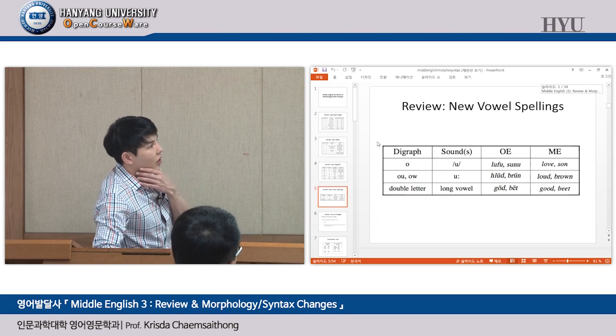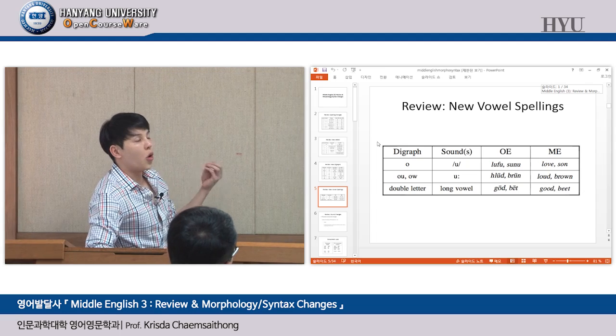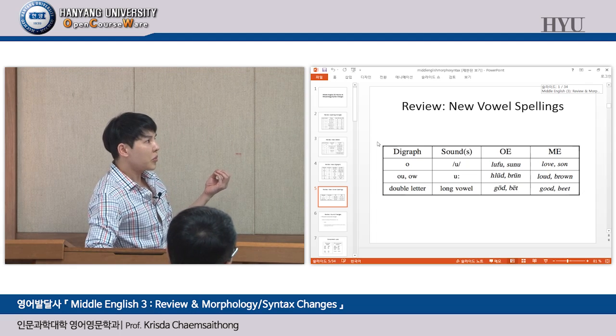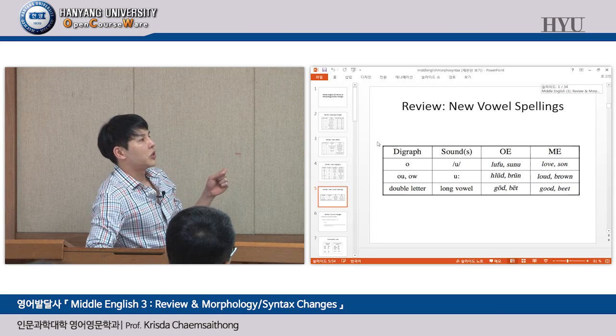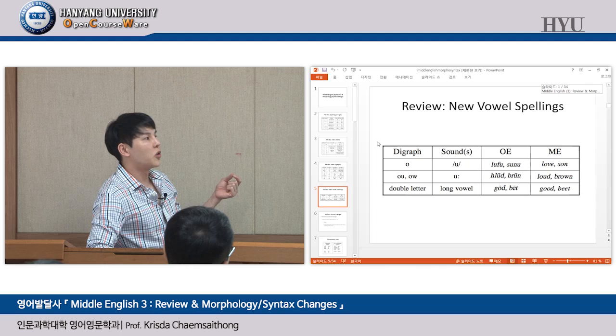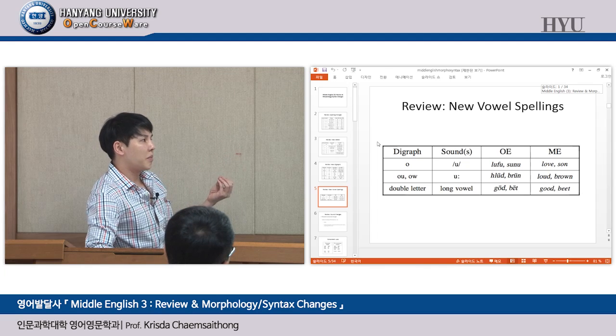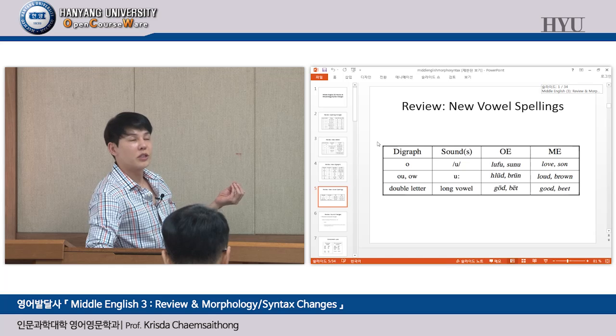And for vowels, this is important. We changed the U to O, right, or OO, because of the minims, remember? Because of the minims. So there are so many straight strokes that they may be confusing to the readers.